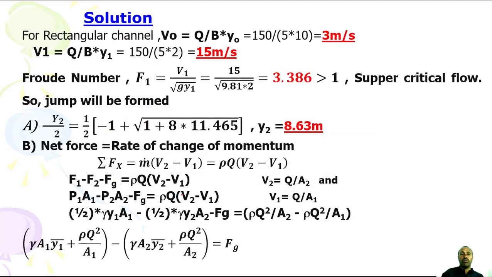Let us see the calculation. For a rectangular channel, you have this equation, V naught, which is the velocity upstream of the gate. You can calculate V naught, which is Q over area, Q over B times Y naught, which will be 3 meter per second. Then once you have the velocity, V1 should be computed.